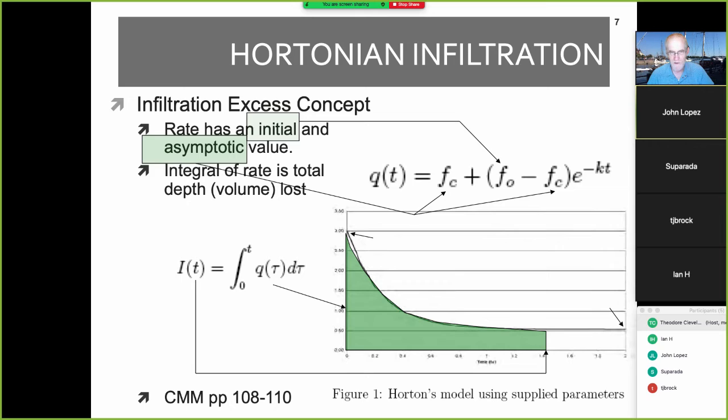And it's equal to script F sub C, which represents the asymptotic value of infiltration.